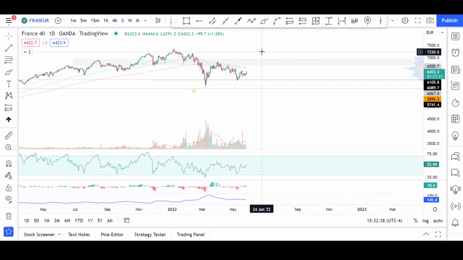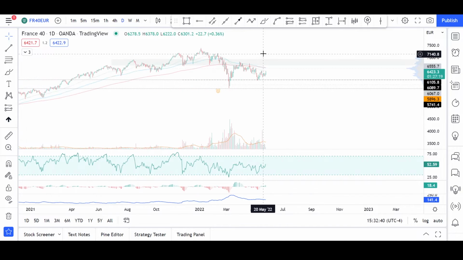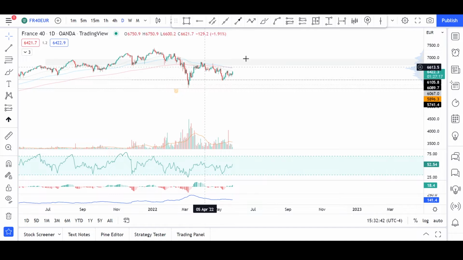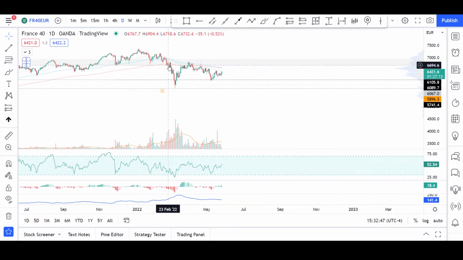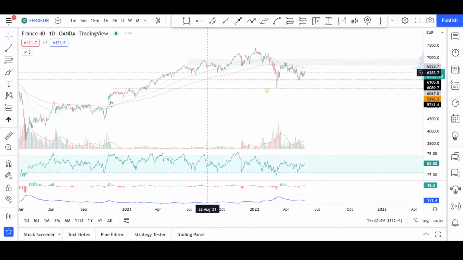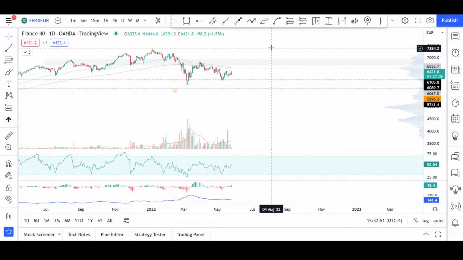In terms of France 40, we need much more time and much more strength to get back to the levels seen when the economic boom cycle was going on.